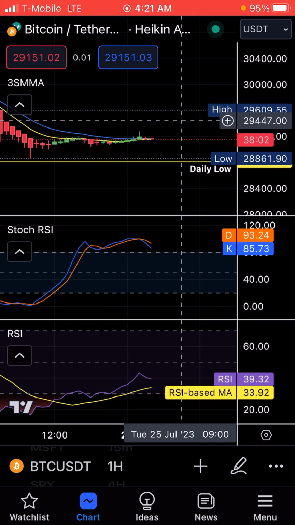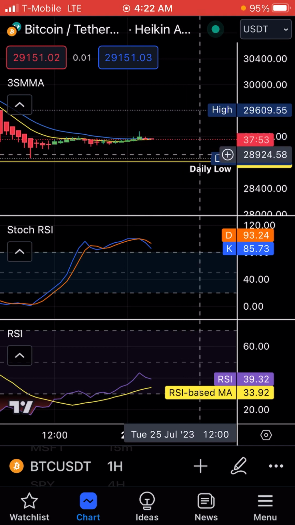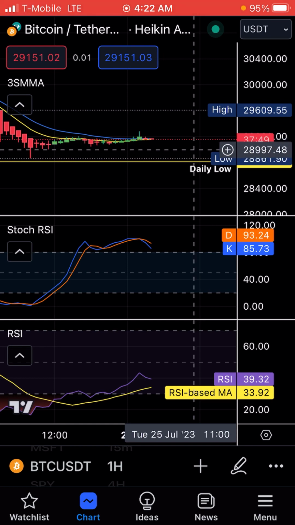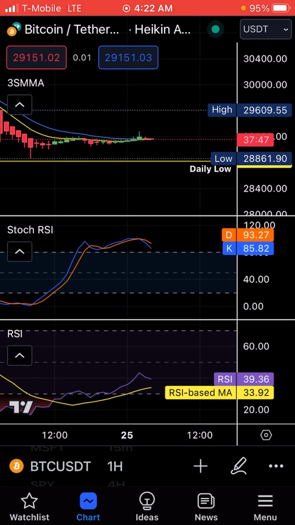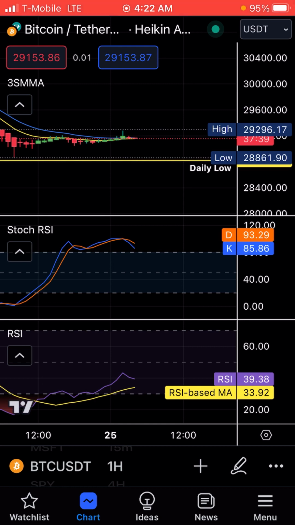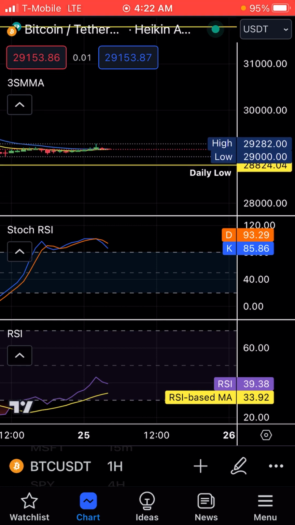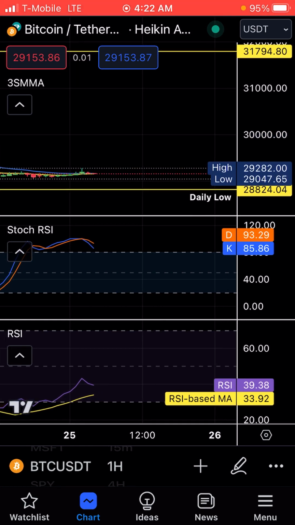You want to catch it when it starts bouncing back up, because it's close to the daily low. Keep your eye on the stochastic RSI, and the moment this blue line starts crossing back is probably a good point of getting in. It's one of them. And that is the example of doing this on the daily.